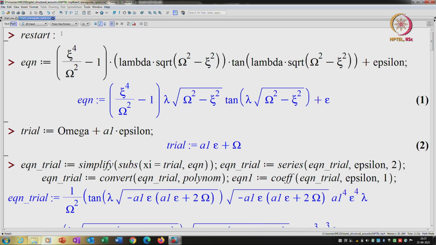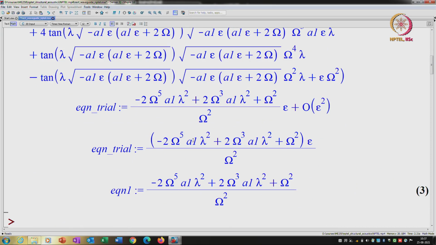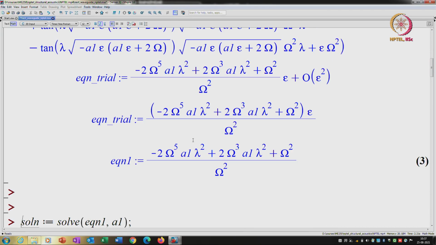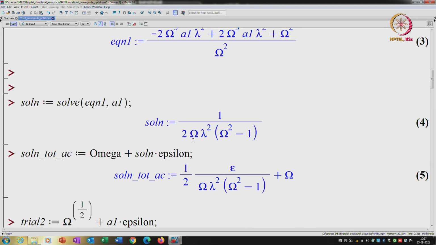So plane wave solution plus A1 into epsilon, then that trial is substituted into the main equation, a Taylor series is made. Then I convert the Taylor series into a polynomial and then find the coefficient to epsilon to the power 1. So let us do that. Then we have to solve for it, that is the solution to the correction and then the final total answer.